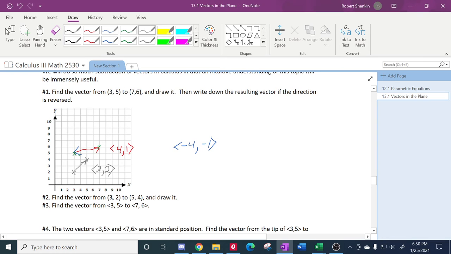But when you see them in this form, there's a lot of assumptions that have been made. This is the kind of notation we're going to run into at times. I want you to get used to these assumptions. It assumes that both vectors are in standard position.